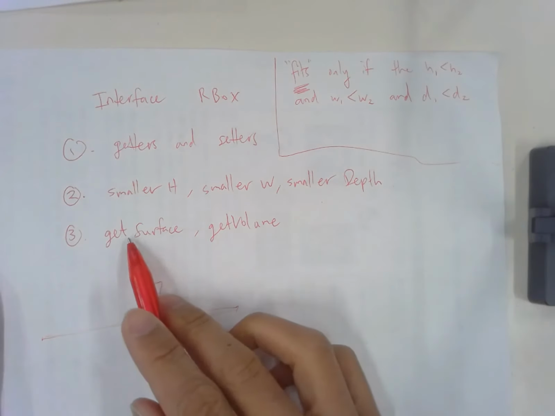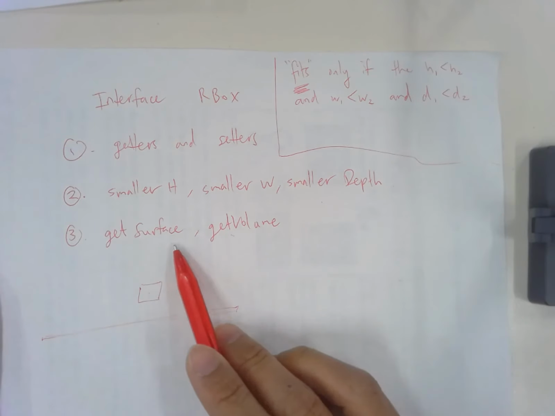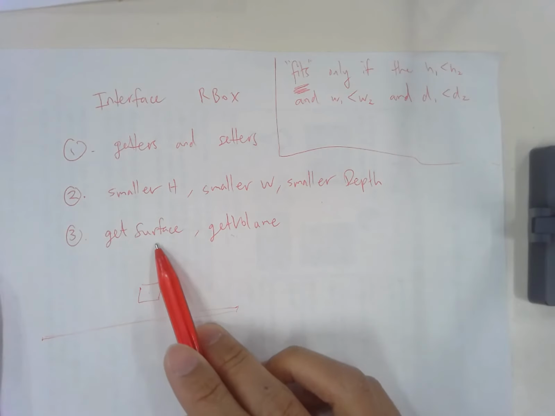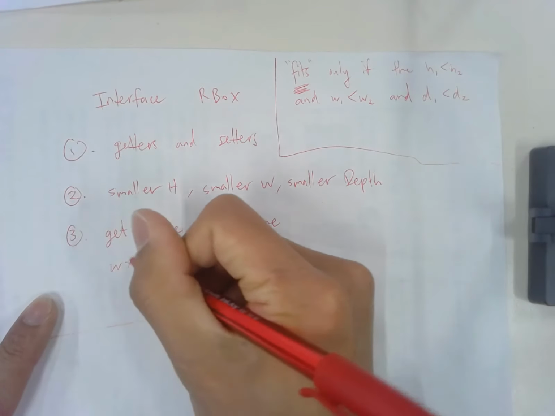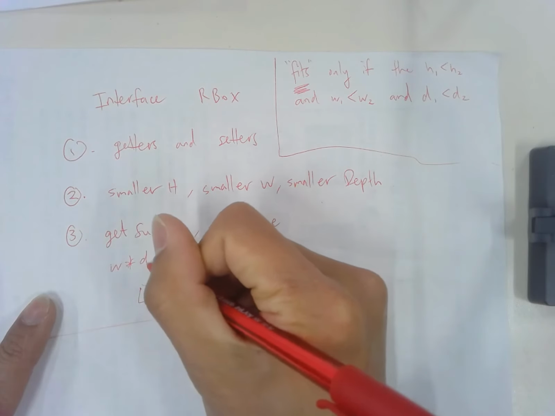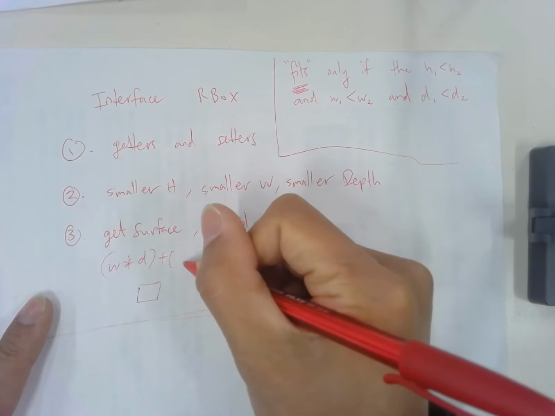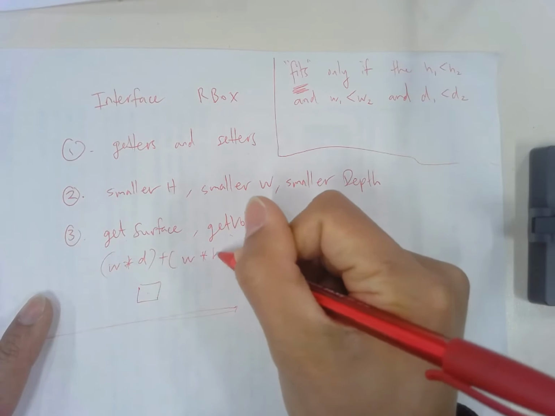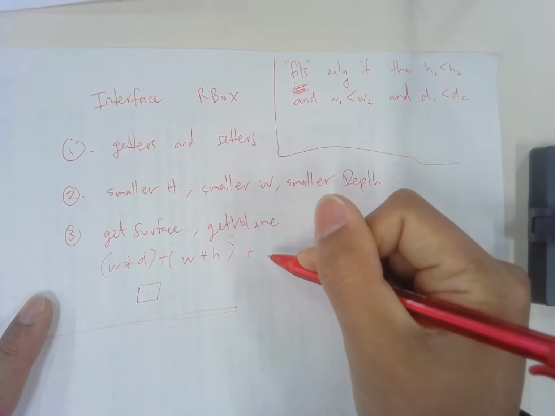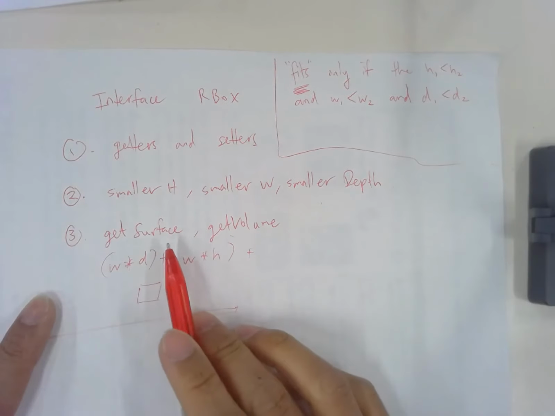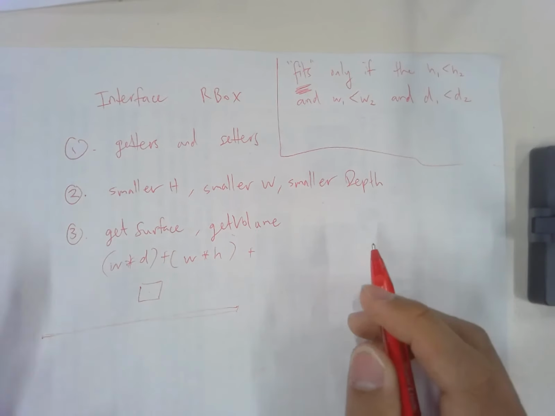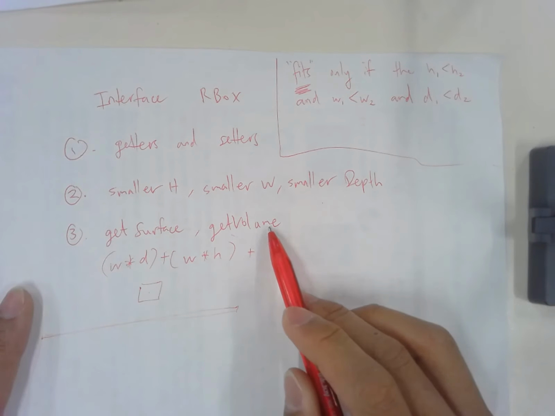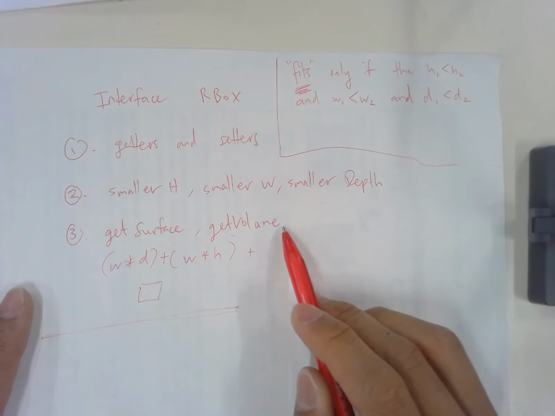And so the argument for this one is that if you have both of these methods, because of how you calculate surface, so surface would be like width times depth plus width times height plus, and so on, using both of them together, we would be able to tell if the first box would fit in the second box.